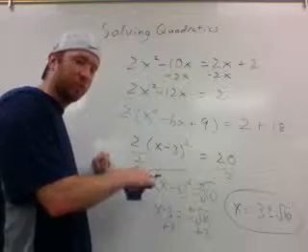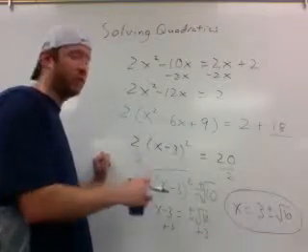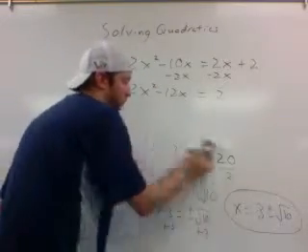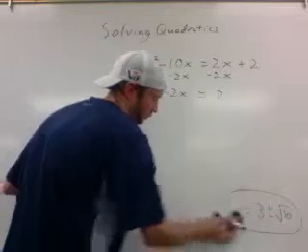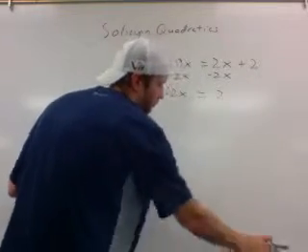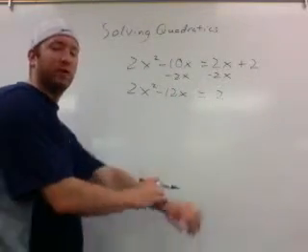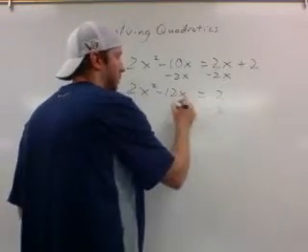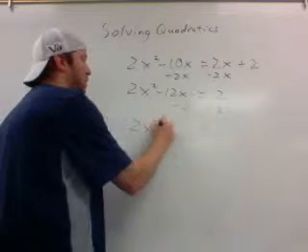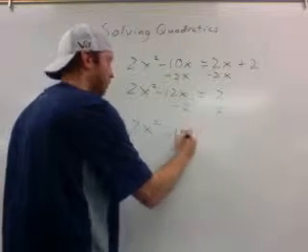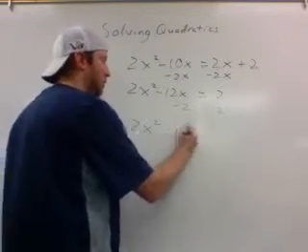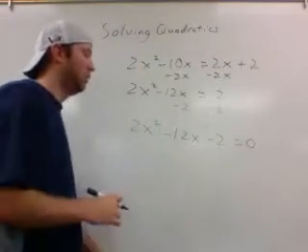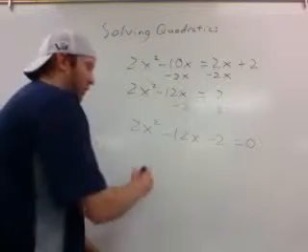Again, I'm going to do this problem the second way, which is the quadratic formula. To solve this problem using the quadratic formula, I have to get it equal to 0 first. So I get 2x squared, those aren't like terms, minus 12x minus 2 equals 0. Now the quadratic formula.